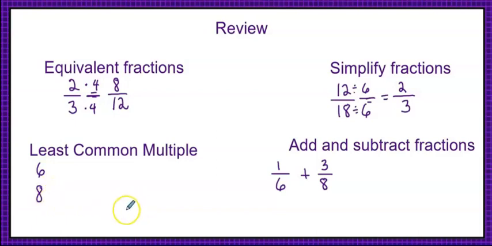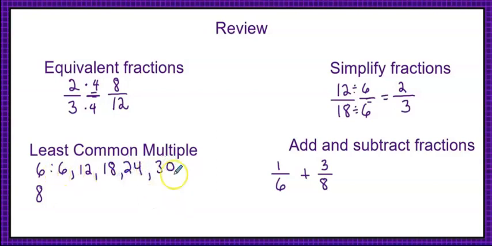But if you want the lowest one, with numbers, a lot of times it's easy just to list out the multiples, and then the first one you get to that's the same or common, but you know common in math means the same or like, that's it. So if we just listed out multiples, and multiples are numbers that the number divides into. So 6 times 1 is 6, 6 times 2, 6 times 3, 6 times 4, and so on.